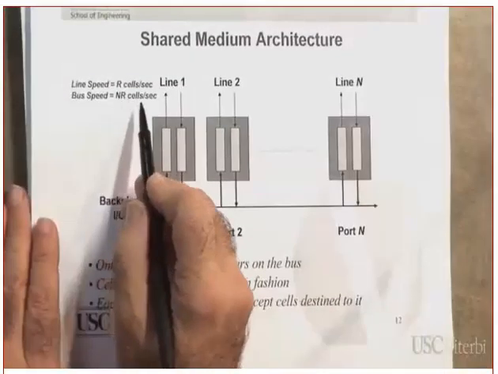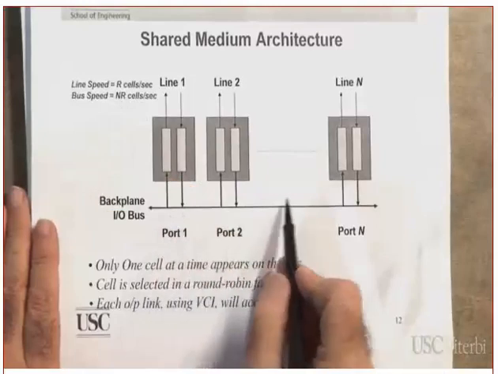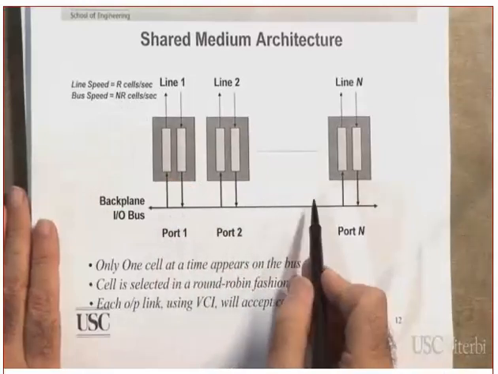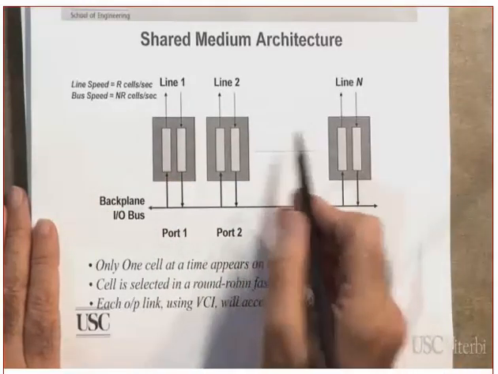Otherwise, there will be collision. Clear? So when the bus works N times as fast as each input, it looks as if they are using the bus instantaneously. They cannot actually do that, it's one at a time, but because the bus is N times as fast, it looks as if they are using the bus instantaneously.